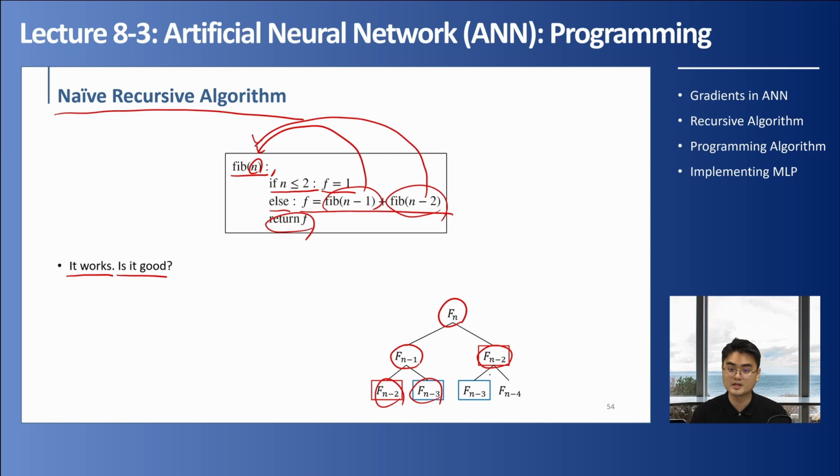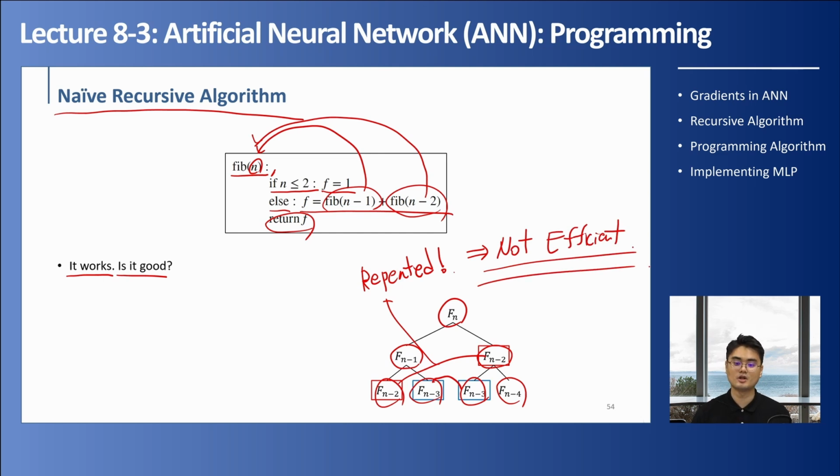To calculate fn minus 2, we need to calculate fn minus 3 and fn minus 4. What you can see here is that fn minus 3 is repeated. Fn minus 2 is also repeated. And therefore, this calculation is not efficient. We need to think of a better way.